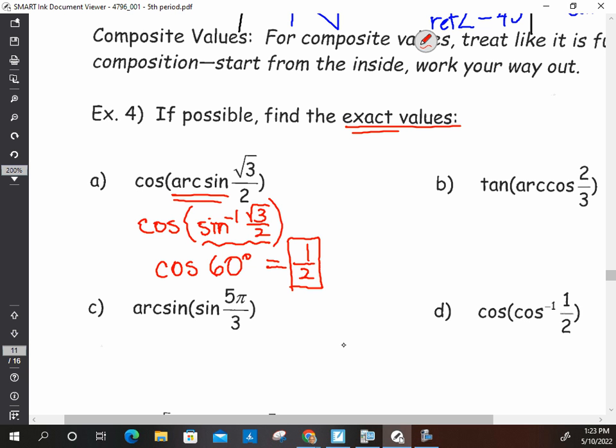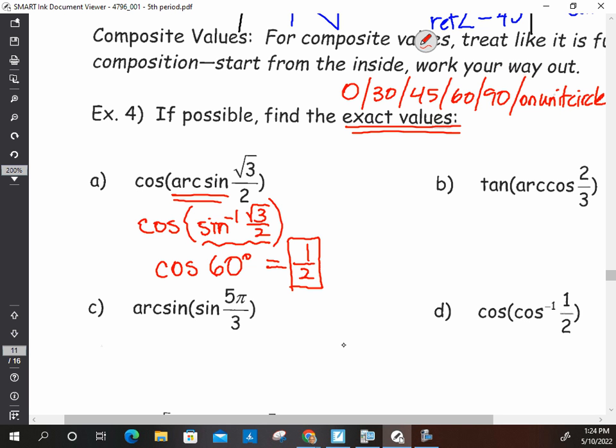Exact values apply when you have 0, 30 degrees, 45, 60, 90. Basically anything that would be on the unit circle.